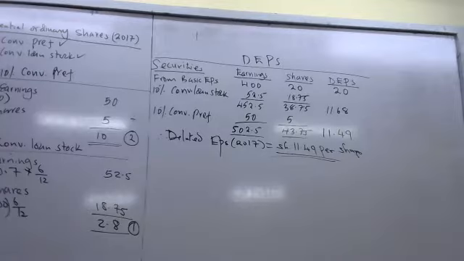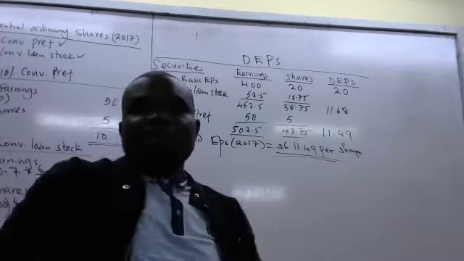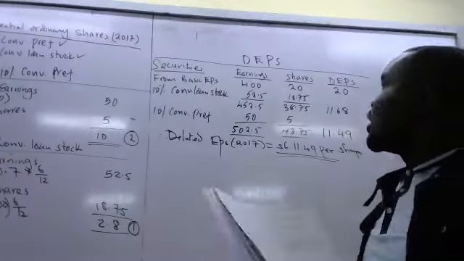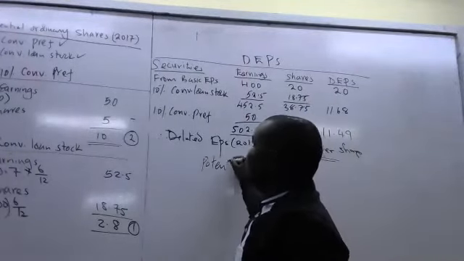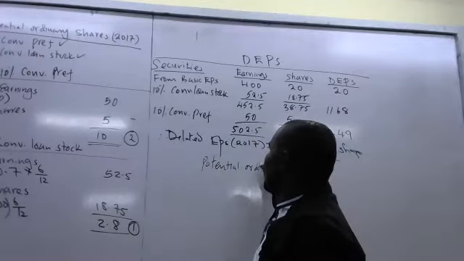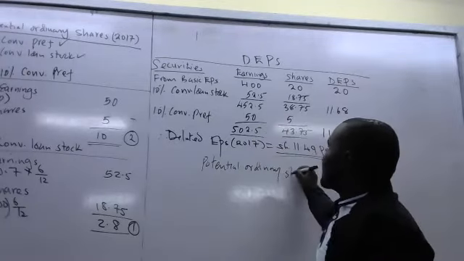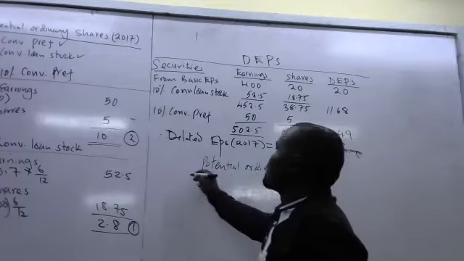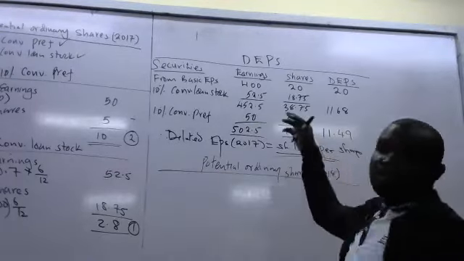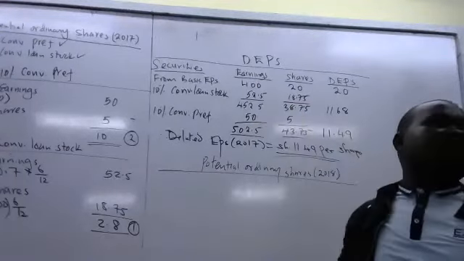Good. Let's go to 2018. So 2018, the potential ordinary shares. Those two, then we just add options.